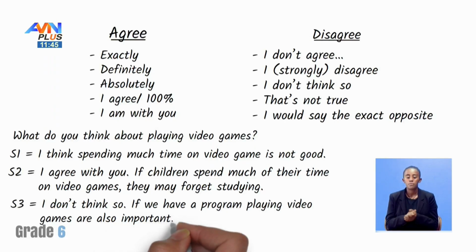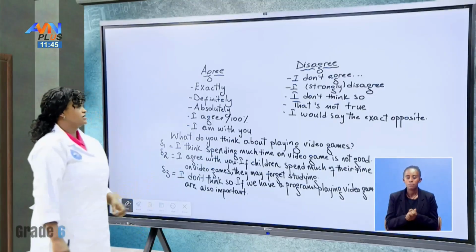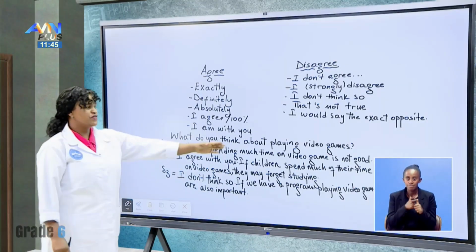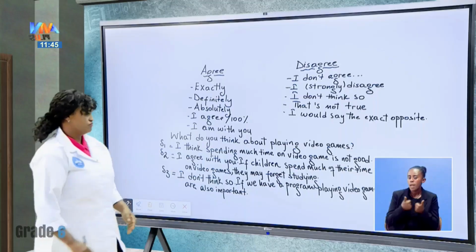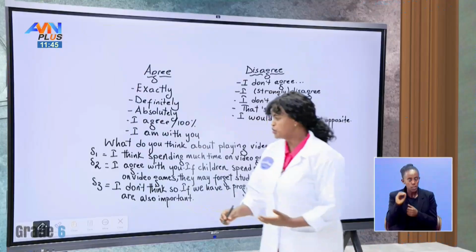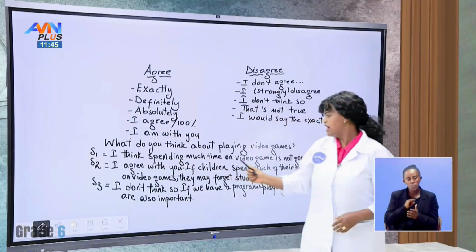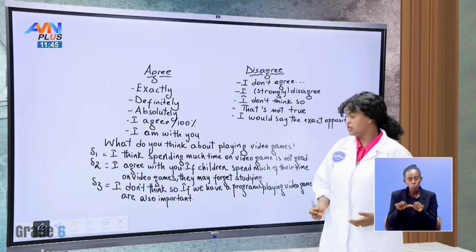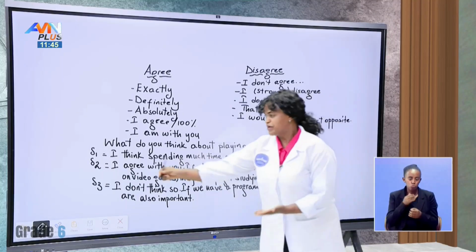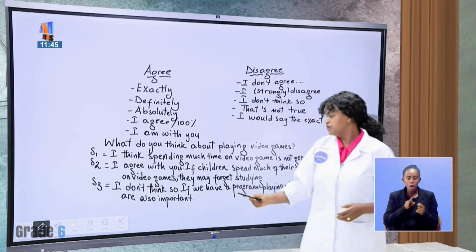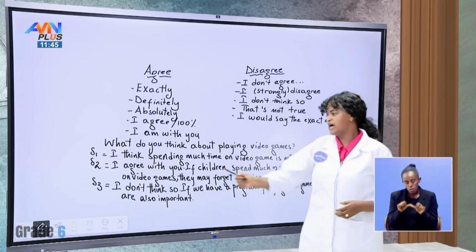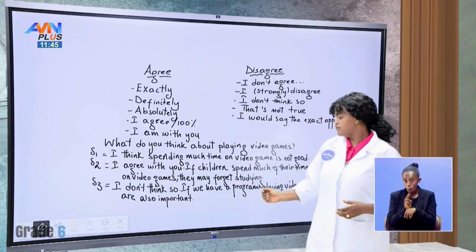You see? Look, the first one. What do you think about playing video games? Opinion. Then first opinion, I think spending much time on video games is not good. Speaker 2, I agree with you. If children spend much of their time on video games, they may forget studying.